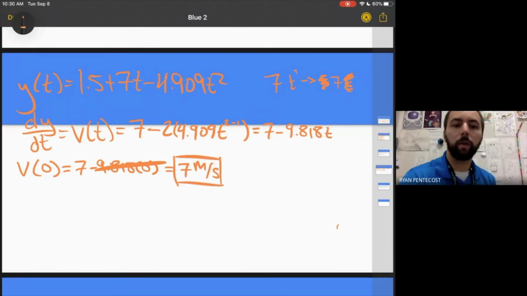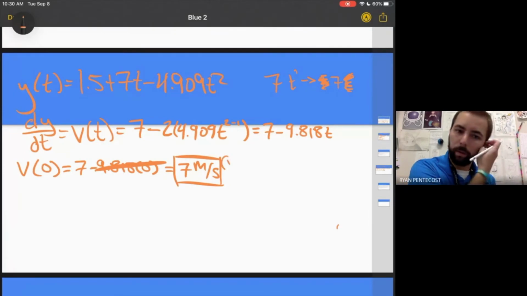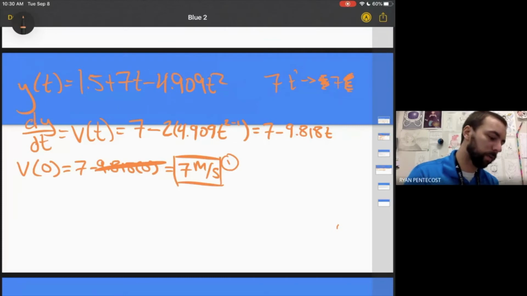Okay, so the hard part on there is just getting your velocity function. Plugging in 0 is the simple task. So that was number 1. Number 2, it asks calculate the acceleration. That means we'll have to take the double derivative of position, or the derivative of velocity.